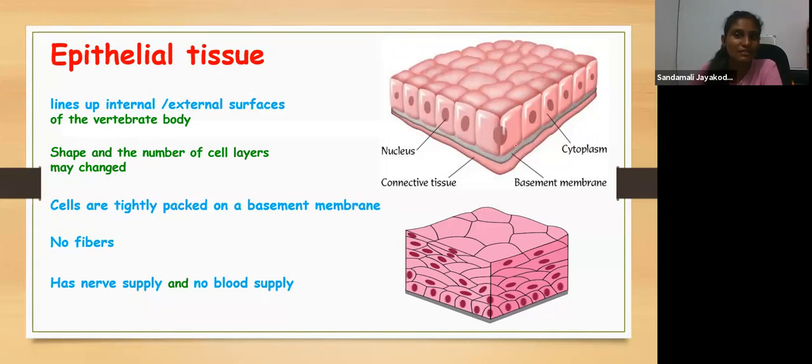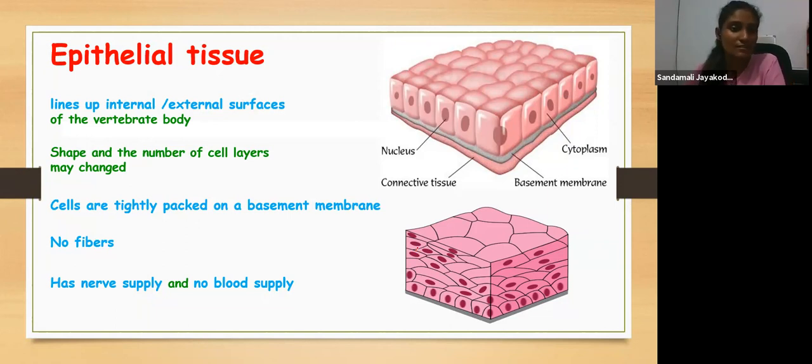This is somewhat cubic in shape, but these are some flat cells. So shape can be different, and the number of cell layers can be changed. And cells are tightly packed. That is another special feature. There are no holes or spaces in between them. They are tightly packed and they are on a basement membrane.